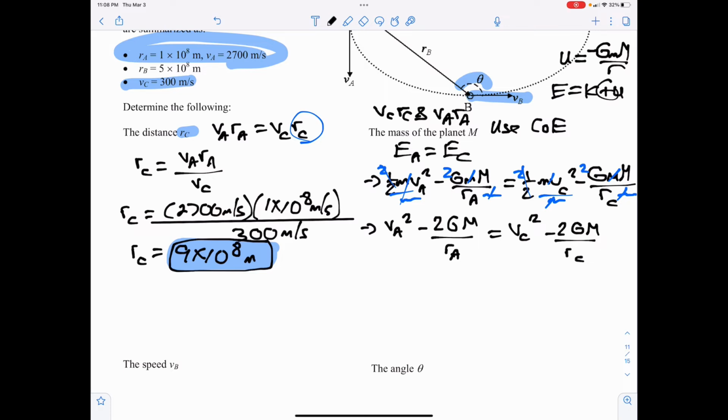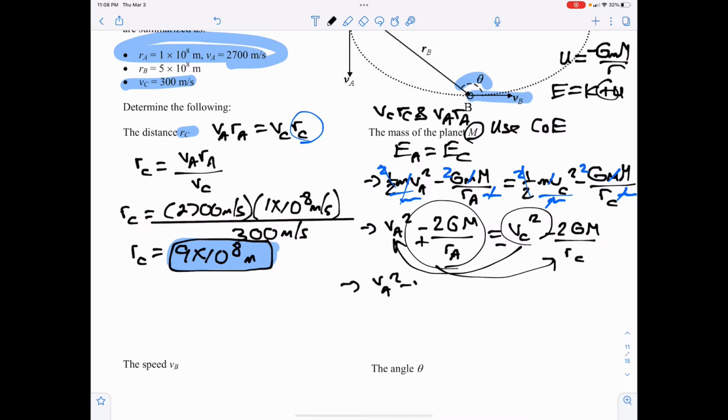Okay, and so what I want to do is bring the two GM terms together, because remember, we're solving for M. So I want to bring those two M terms together. So I'm going to add this over here, which means I will have to subtract this term over there. So let's rearrange the terms. And we get VA squared minus VC squared equals, then at this point, I can go ahead and factor out my mass, because that's really what I'm looking for.